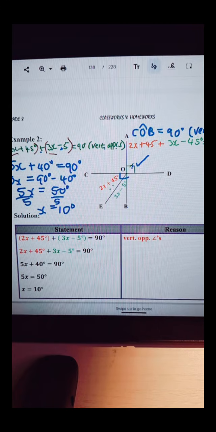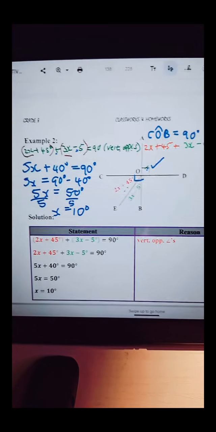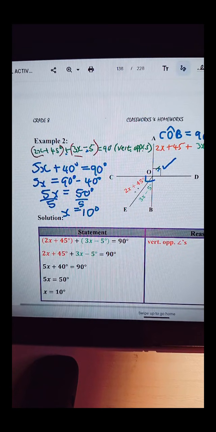Let's say this is grade 8, but for grade 10s, this would be foundational work, which you would have done in term 2. Remember, all grades, 9, 10, 11, and 12, need to know these fundamental basics on vertically opposite angles, complementary angles, angles on a straight line, supplementary angles.